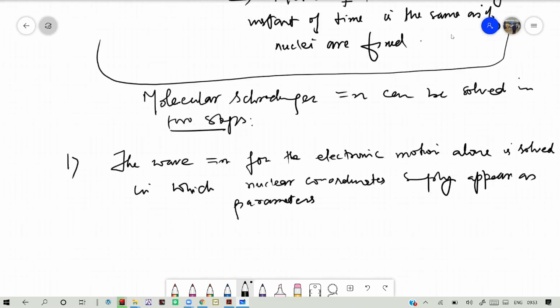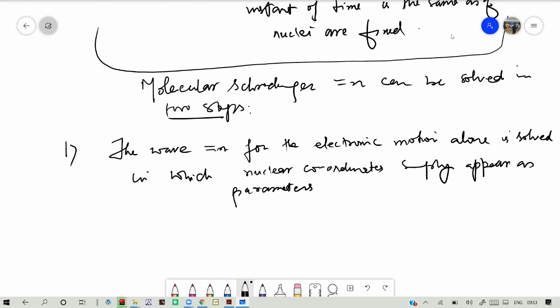Number one, that means we first find out the wave function for the electrons of a molecule and keep the nuclear wave function as a parameter in that. Number second, remember that we have to find the wave equation of a molecule, not an individual electron or an individual atom, individual nuclei. We have to combinedly find the wave equation.